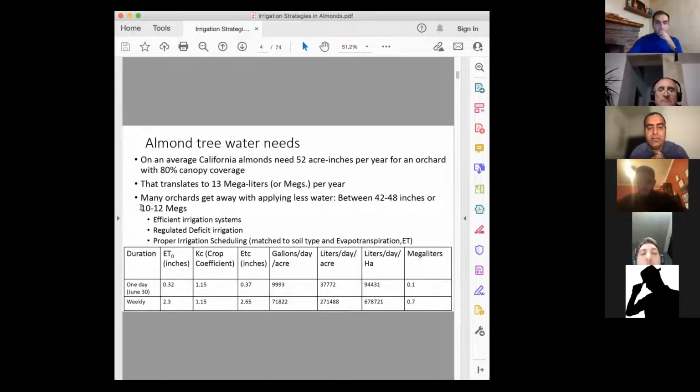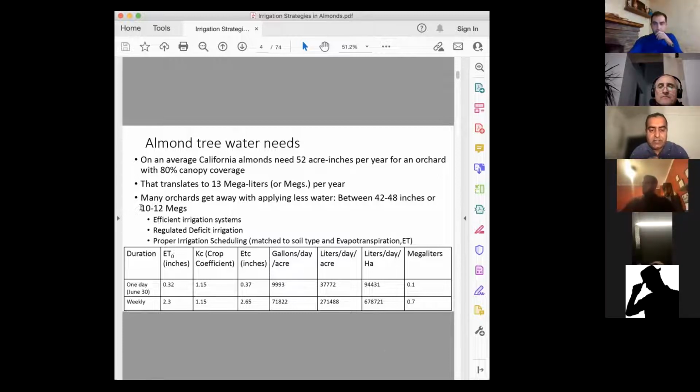And in California, that is made possible with a couple of different technologies and a couple of different parts of the system. Number one is the efficient irrigation systems, drip irrigation system, micro sprinklers that increase the irrigation distribution uniformity, also increase the irrigation efficiency. We will talk about those terms later. Also, in California, we do regulated deficit irrigation. We'll talk about that in a moment.